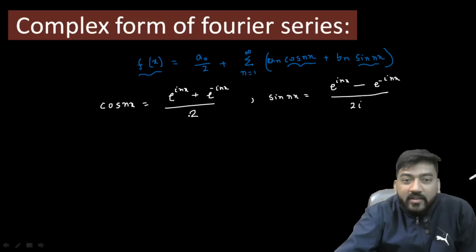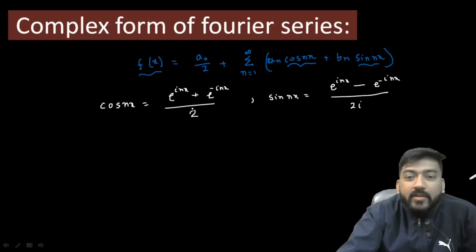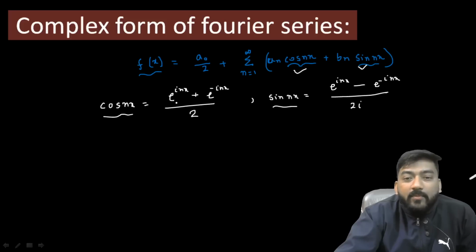This is how we can write sine and cosine in terms of complex exponential form. If you substitute this cos nx and sin nx here, then you will get a complex form.